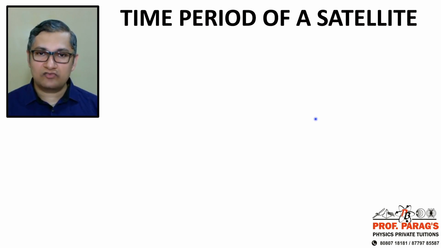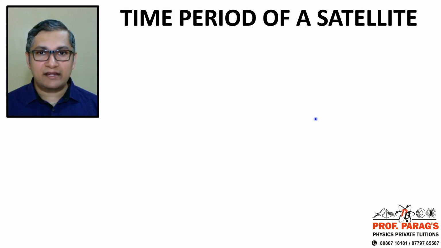Not just for that, but even otherwise, the time period of a satellite is important information needed by scientists and companies that are launching these satellites. Why? Because satellites are communicating with Earth. Suppose a given satellite is sending some information which is being received by a dish antenna on the surface of Earth.